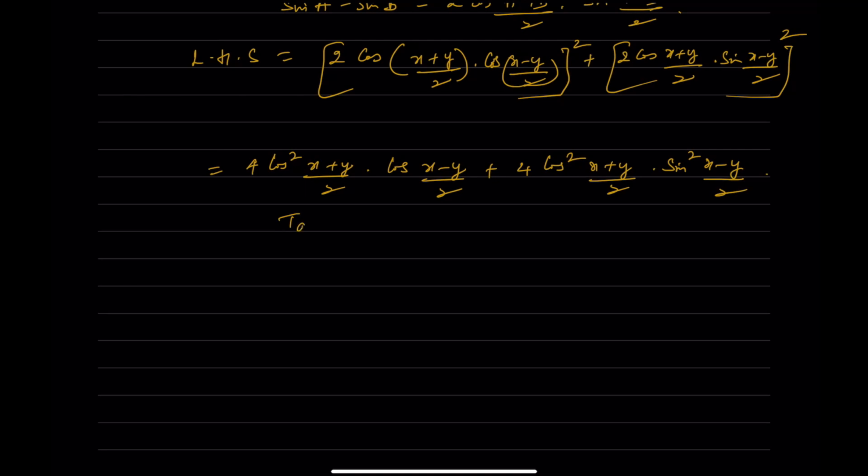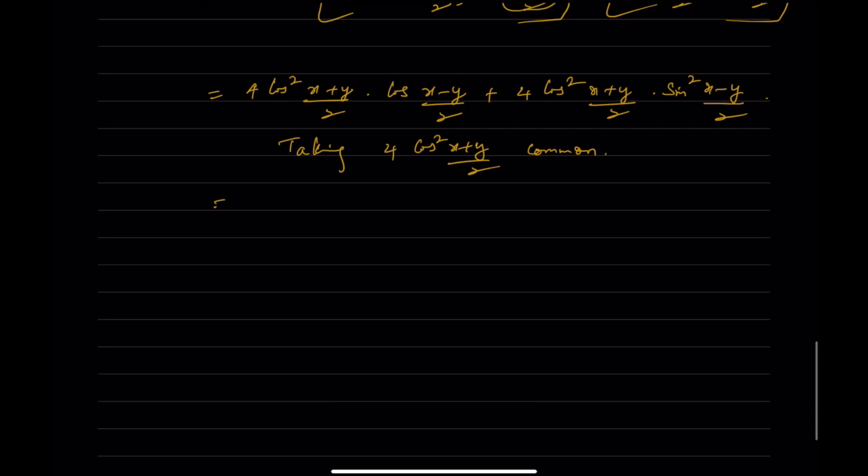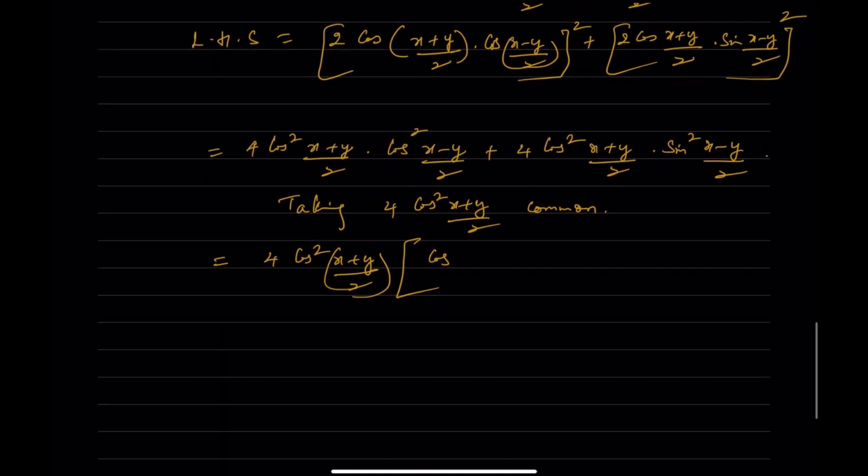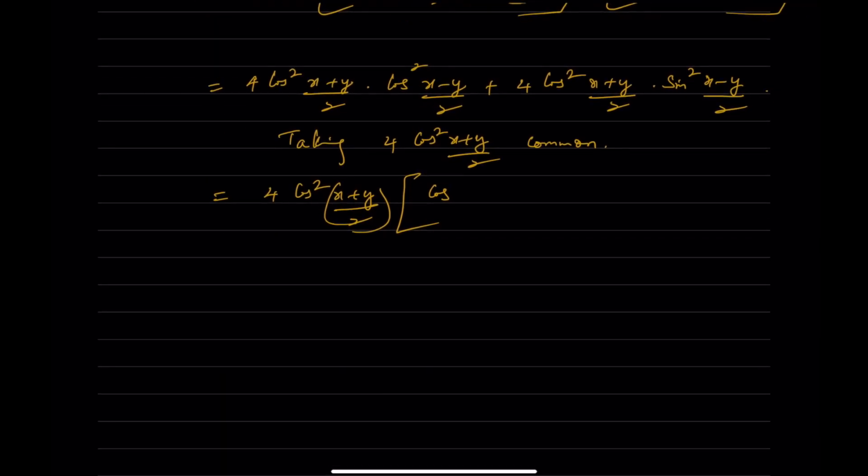Taking 4 cos square (x plus y by 2) common in both of them, you're getting it as equal to 4 cos square (x plus y by 2) times, inside, cos square (x minus y by 2) plus sin square (x minus y by 2), because everything is getting squared now.